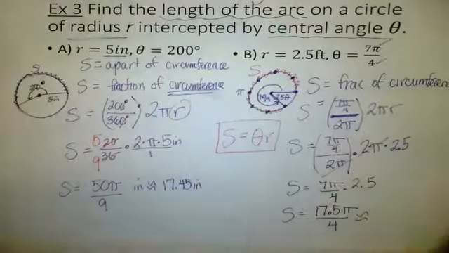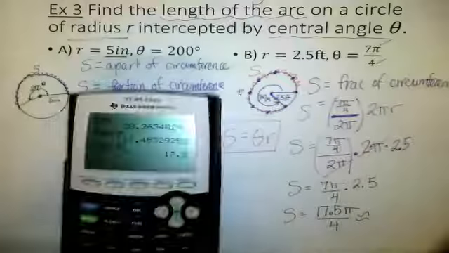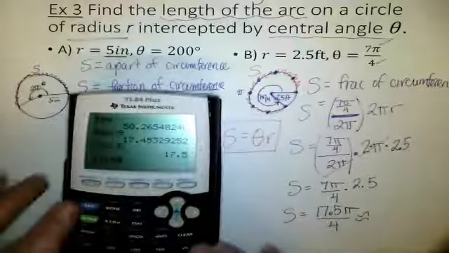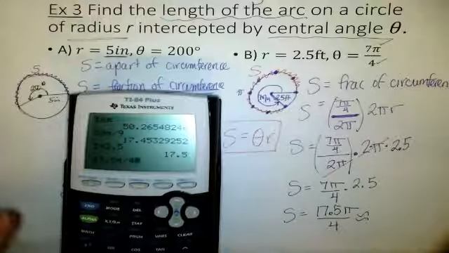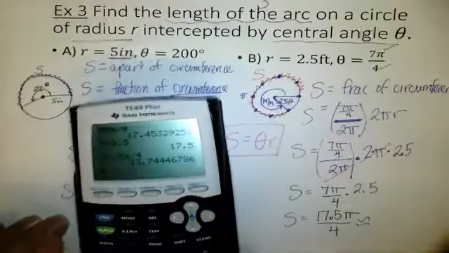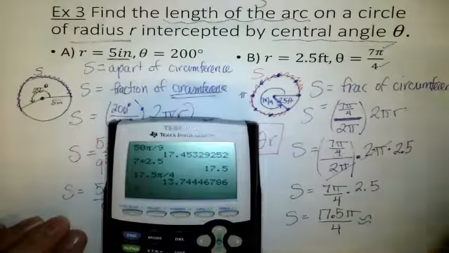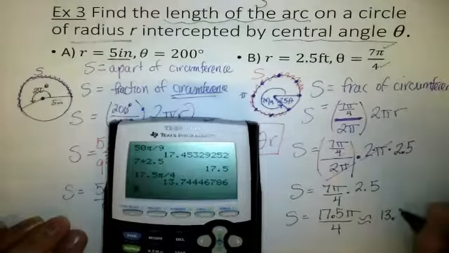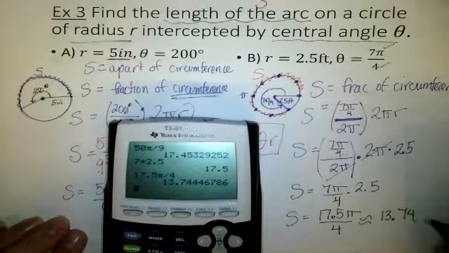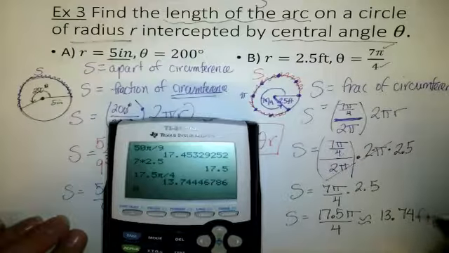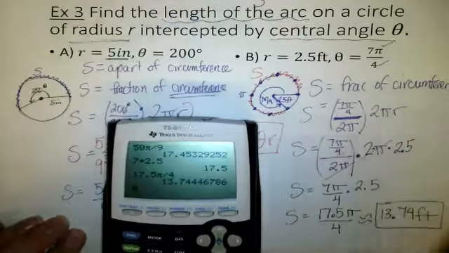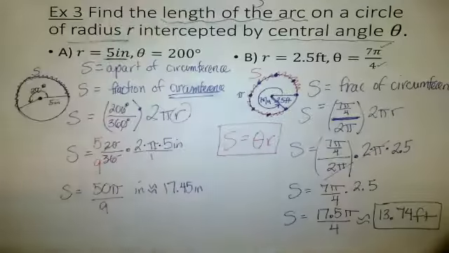So we're going to go ahead and approximate that one. So 17.5 pi divided by 4. So we get 13.74. What is our unit of length here? Feet. Yeah. We'll change that one for next year.